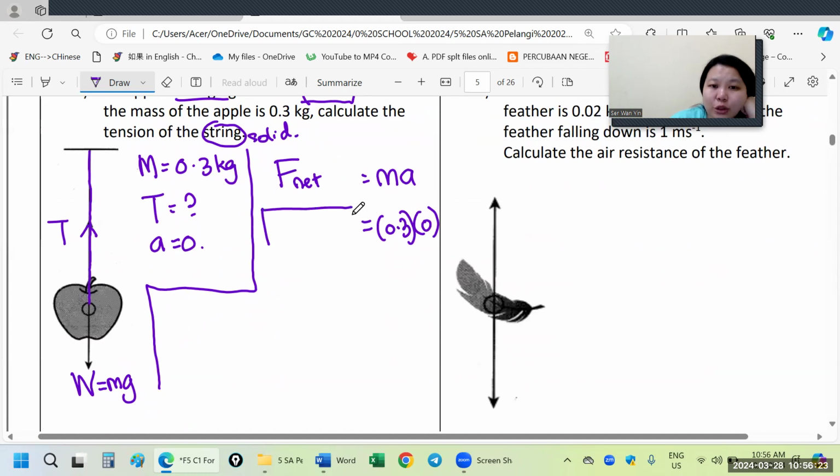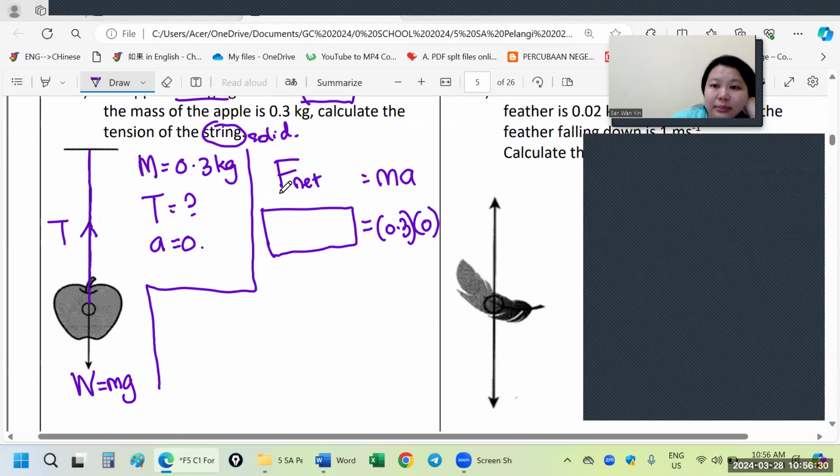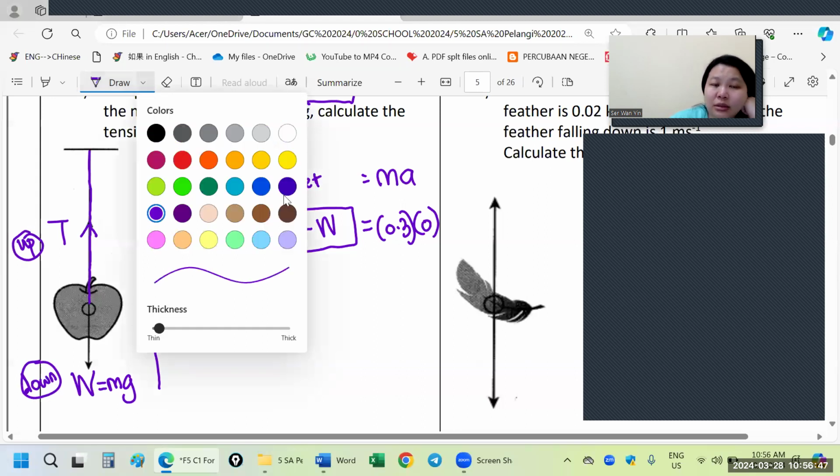Can anyone tell me what I should write here? Okay, thank you, Wasim. Yeah, we can say T minus W. Since it's not moving, we normally use the up force minus the down force.